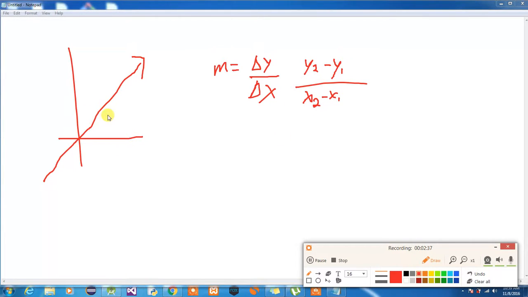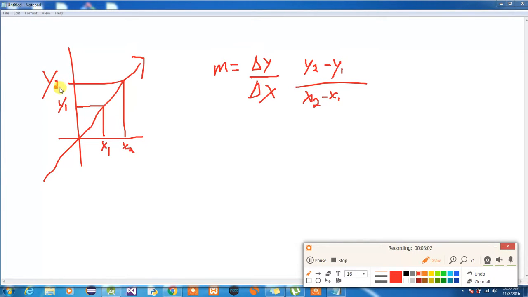Okay, so it would just be as simple as you take 2 points, so let's make this our x1, and that's our x2, and then that would be our y1, and that would be our y2.